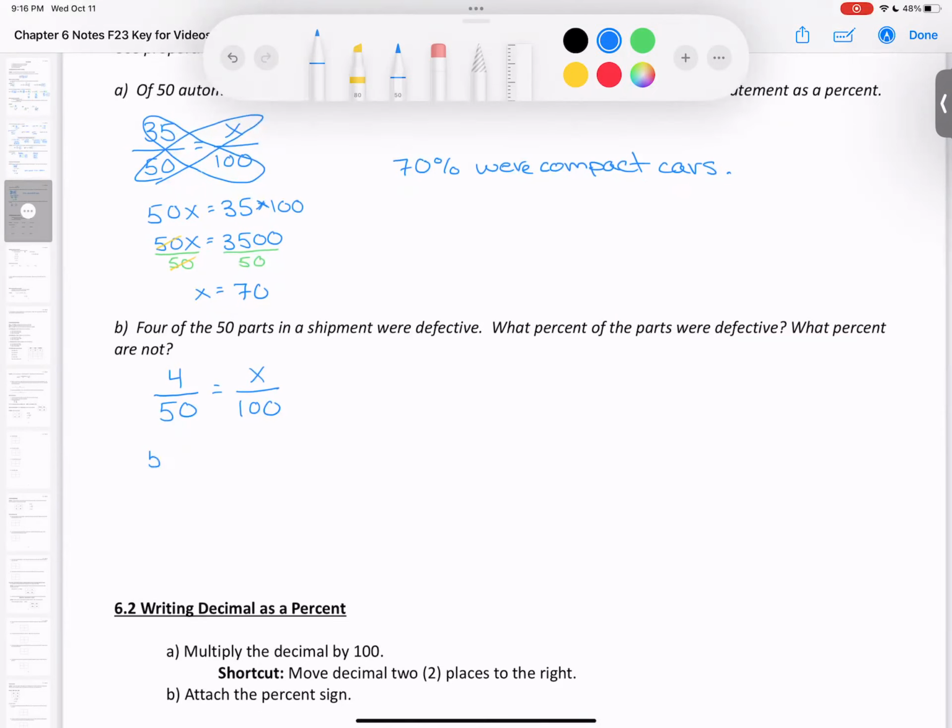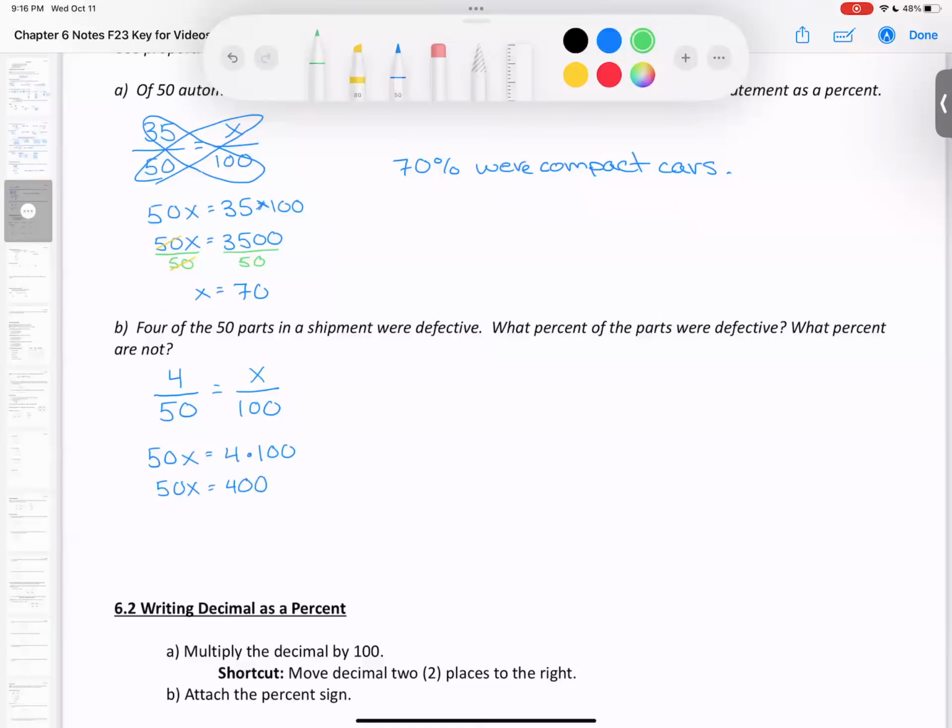If we do our cross product, we'll have 50X equals 4 times 100. Maybe I'm going to try to get in the habit of using dots for my multiplication symbol. So we have 50X equals 400.